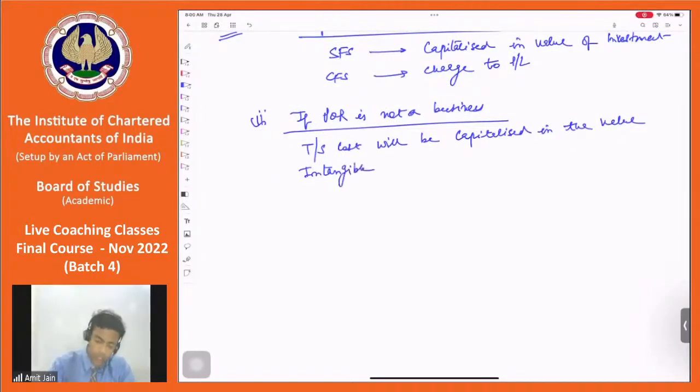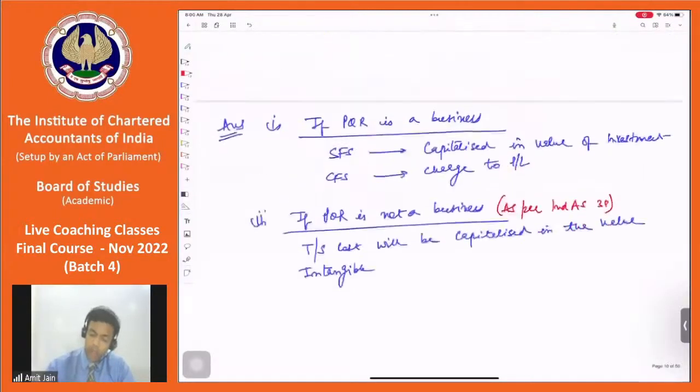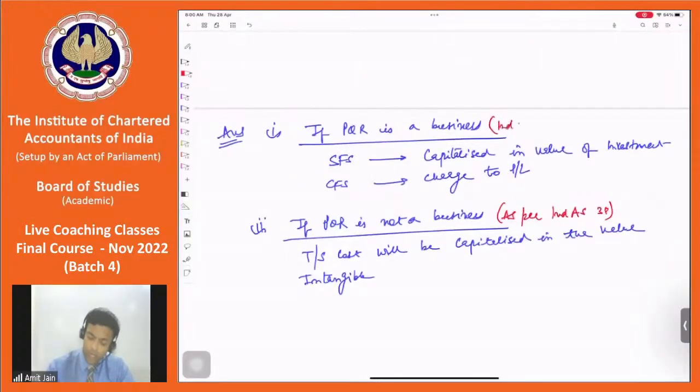In this case, we are applying Ind AS 38 as per the asset acquisition, and here we are applying Ind AS 103. Correct, guys? Are we clear? Yes or no, guys?